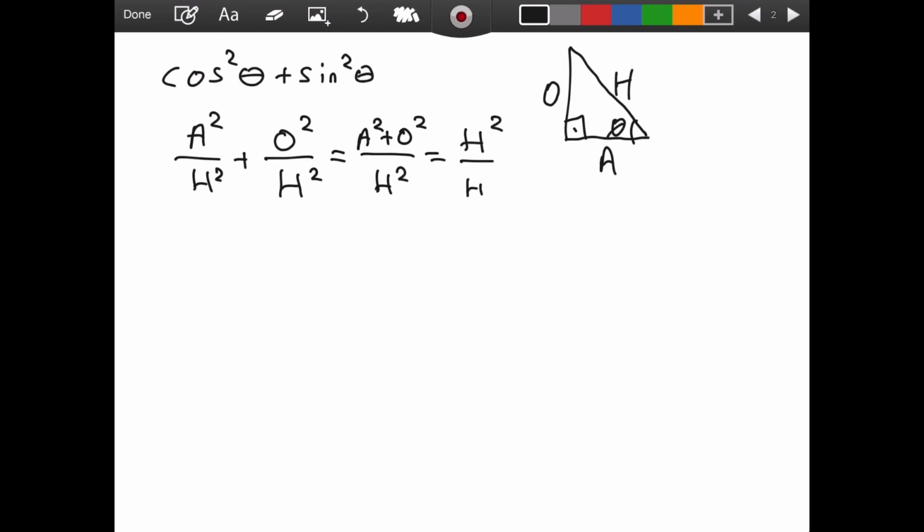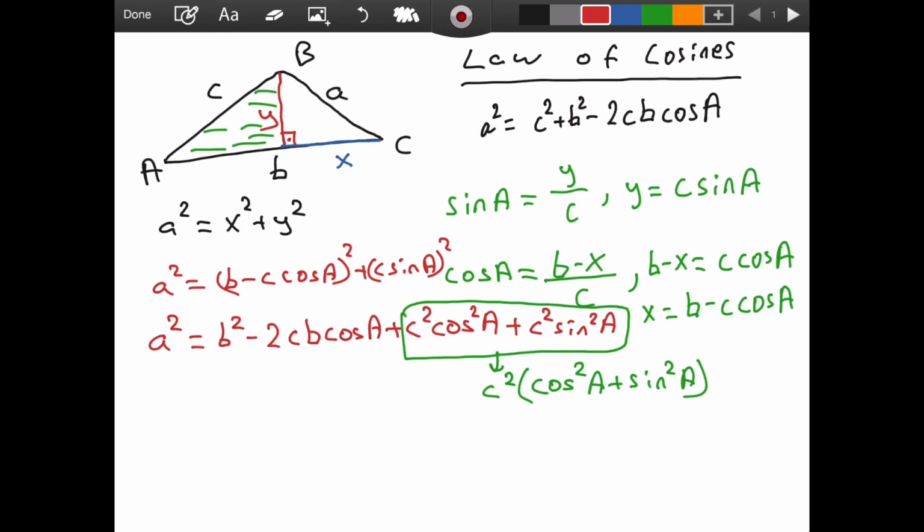We divide by h squared, so we get 1, which means that cosine squared of theta plus sine squared of theta is equal to 1. So if we use this idea, and in this case, instead of theta, we just have a, it doesn't matter, we simply have 1 here. So we have c squared times 1, we just have c squared as the sum of the last two terms.